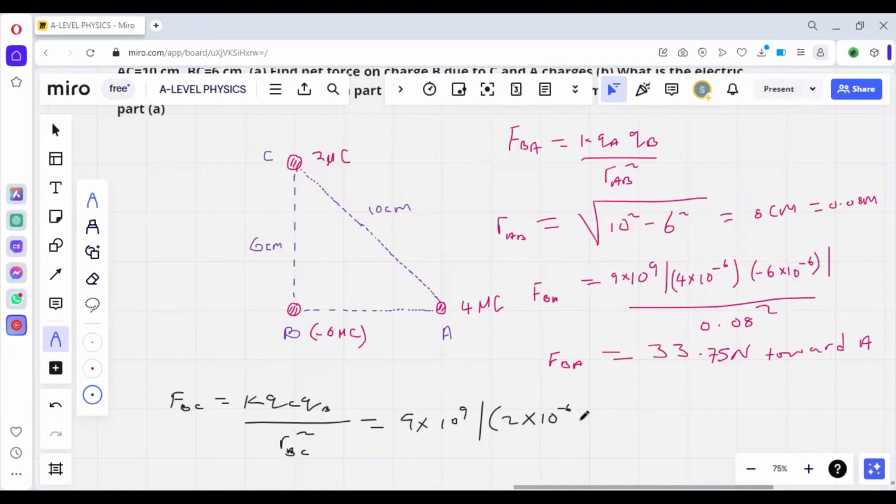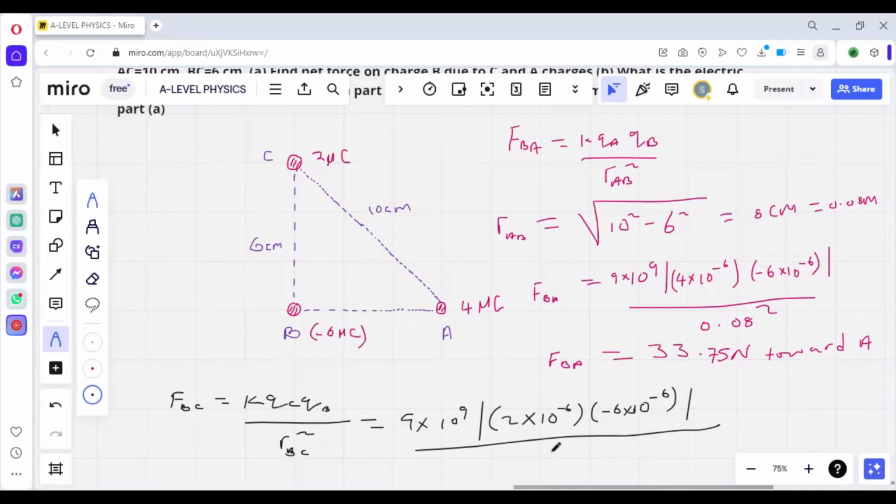Again, remember 2 microcoulomb implies 2 times 10 power negative 6. Then QB is negative 6 times 10 power negative 6. Then we take the magnitude over the square distance. So that is 6 centimeters.